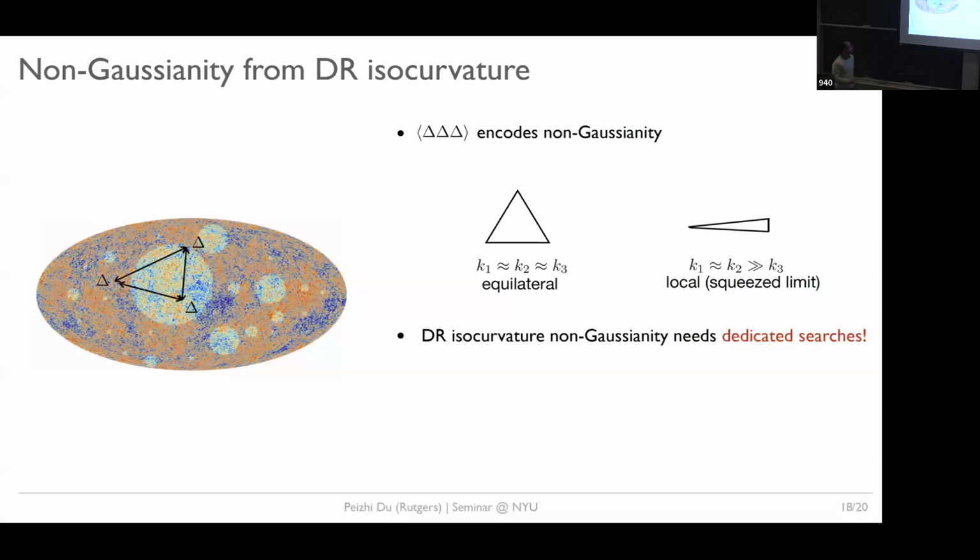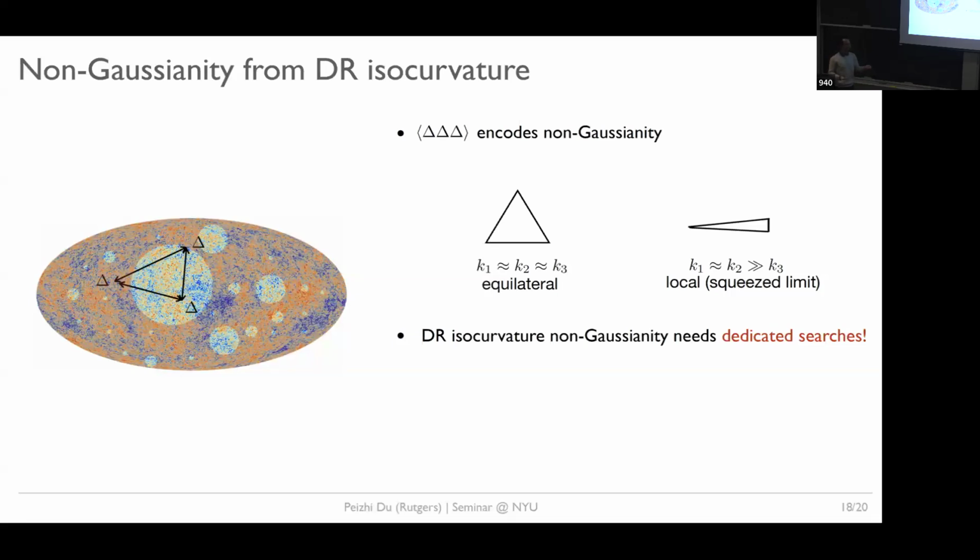You might see that if you apply the same analysis to our models, none of these templates is good at picking up our signals. We argue that we need a dedicated search for these kinds of signals, because we have bubbles distributed on the CMB sky, and none of these 3-point templates will fit efficiently for this type of model.